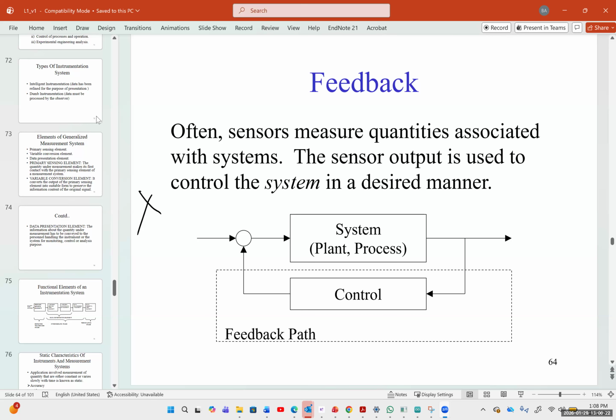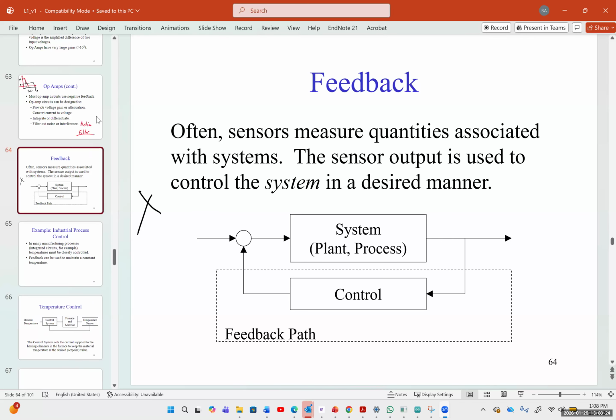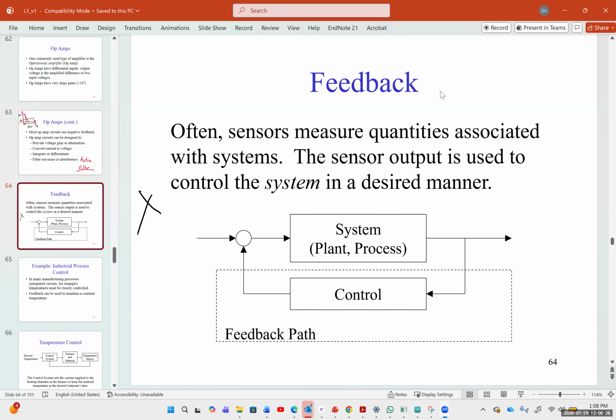Now, what is feedback and why do we need feedback? For those who had linear integrated circuits with me, we saw that feedback is a necessary part of an op-amp amplifier. The reason that we use that feedback is to make the system stable and to have control over the amplifier's gain and the output.